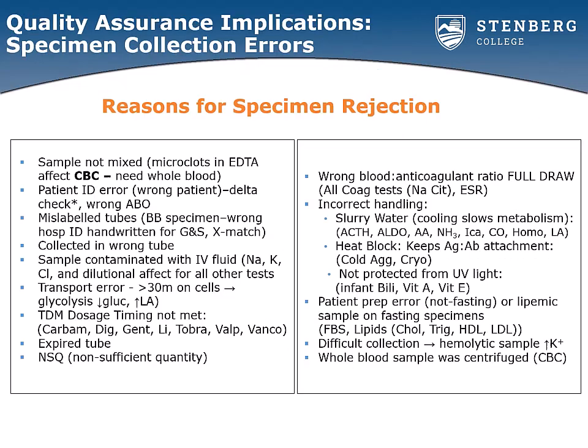This slide shows the quality assurance implications of the various specimen collection errors and the reasons why specimens need to be rejected. They include the sample not being adequately mixed, causing microclots, which will cause a CBC to be rejected. Patient ID error, like collecting from the wrong patient.